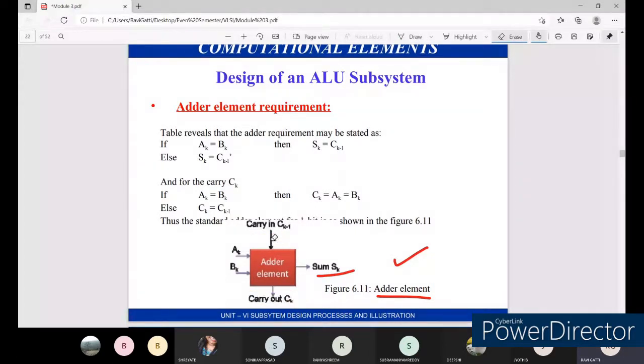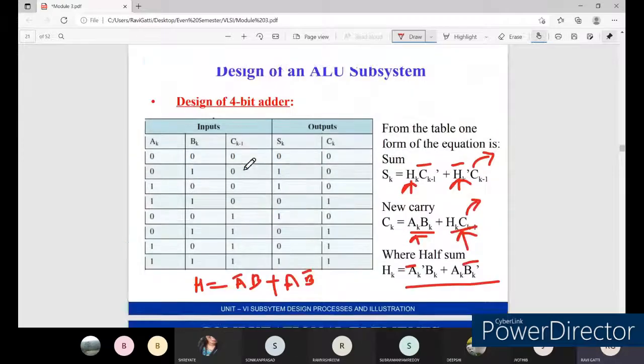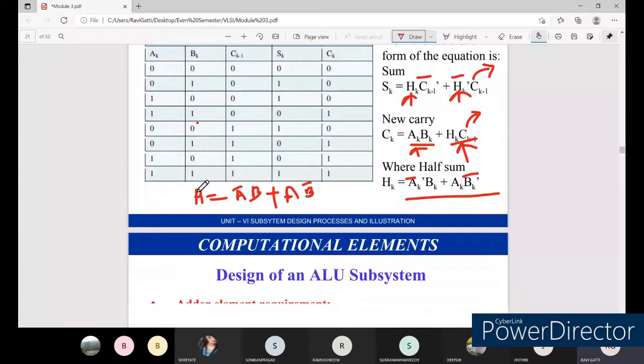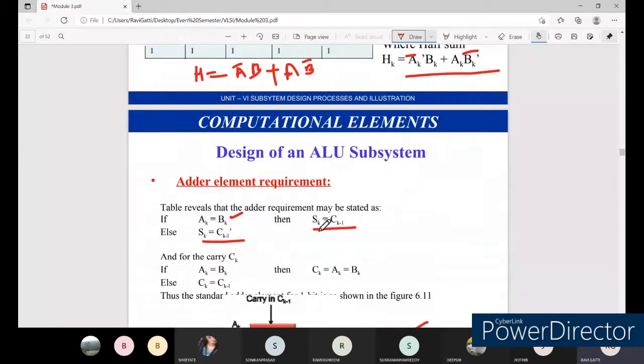Okay, so what they have given is, you can see in this expression, the adder requirement may be stated as follows. If Ak is equal to Bk, then Sk will be Ck minus 1, or else Sk, that is the sum, is nothing but Ck minus 1 bar. So once again, when Ak is equal to Bk, the sum is equal to the previous carry.